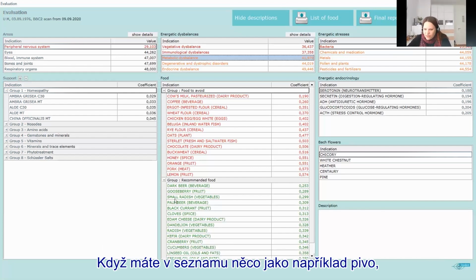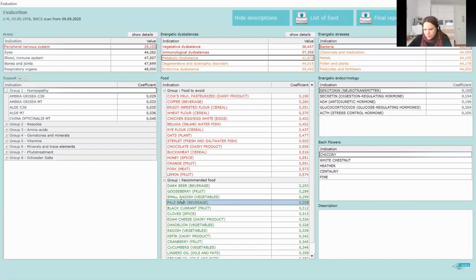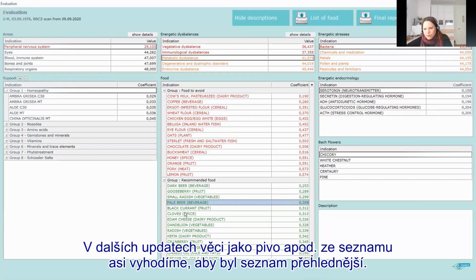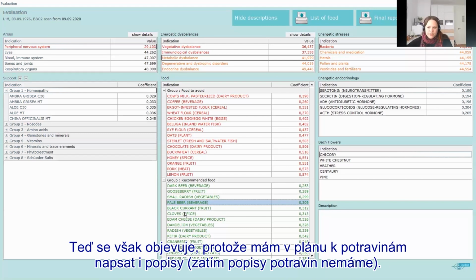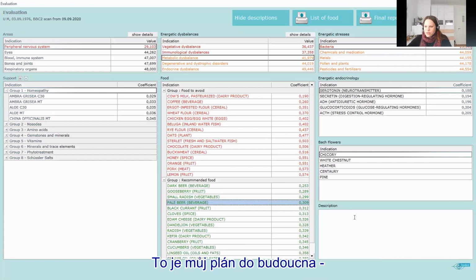And when you have something like beer on the list, I put some of these beers away from the list to make it much better to read. This will come in the next updates. But my plan is to write a description. We don't have a description for the food at the moment.